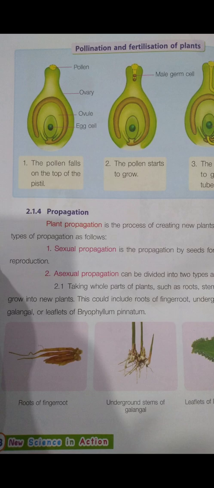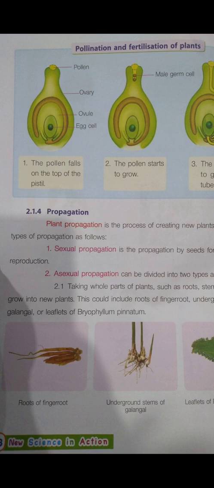So what is sexual propagation? Sexual propagation is the propagation by seeds formed by sexual reproduction. Asexual propagation can be divided into two types as follows. Grow into new plants.